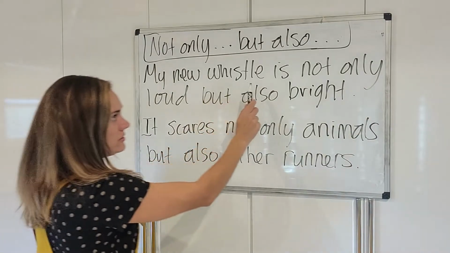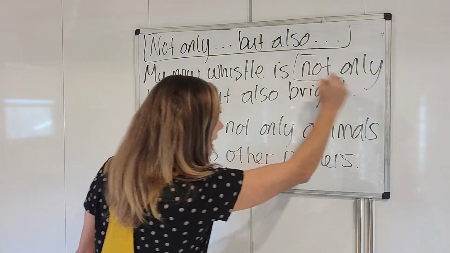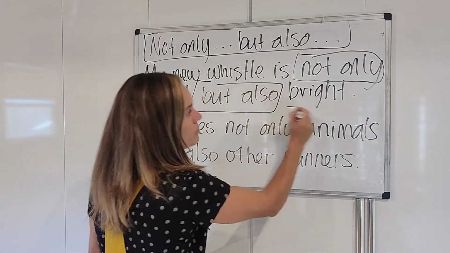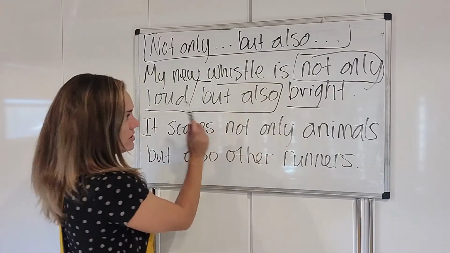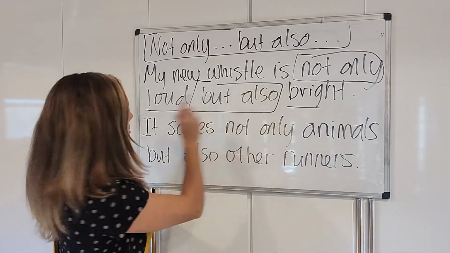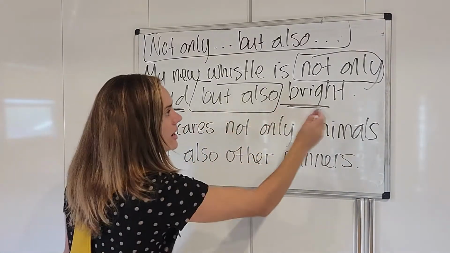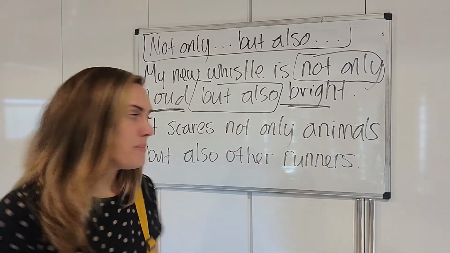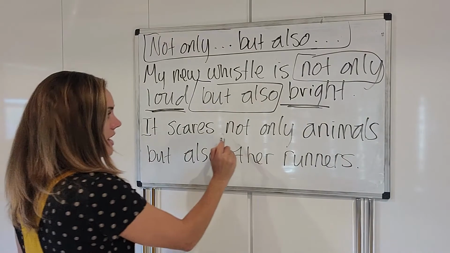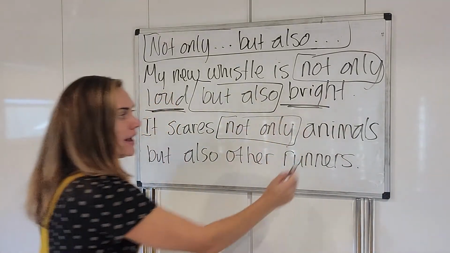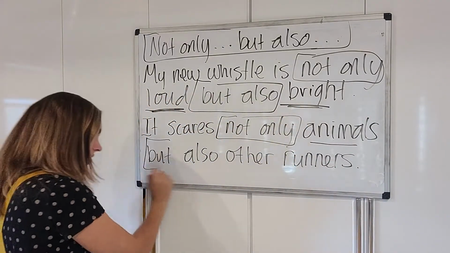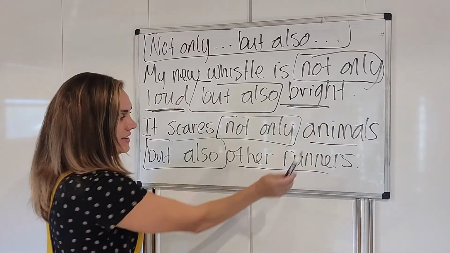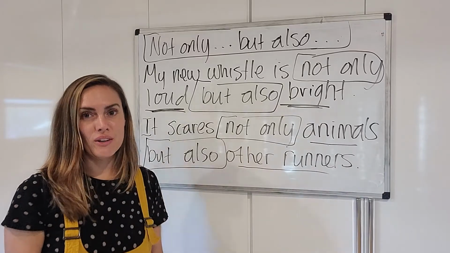My new whistle is not only loud, but also bright. Conjunction, conjunction, look after it. I got loud and I got bright. Both of these words are adjectives. Perfect, they're parallel. It scares not only animals, but also other runners. Noun, noun. We're good, we're balanced.